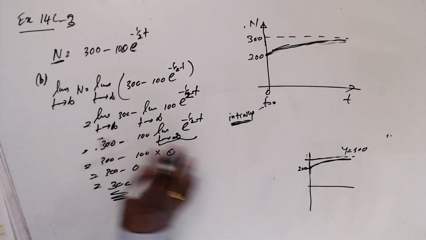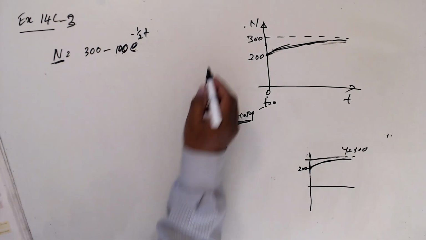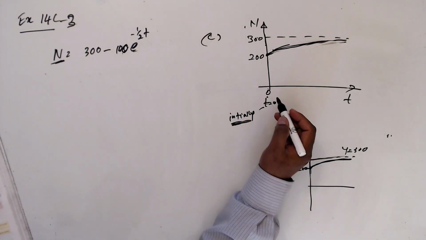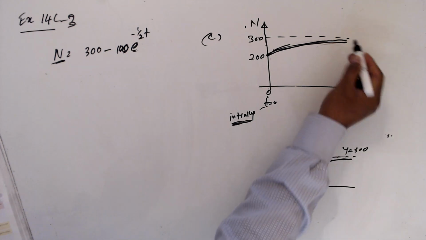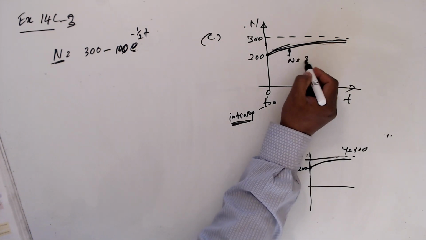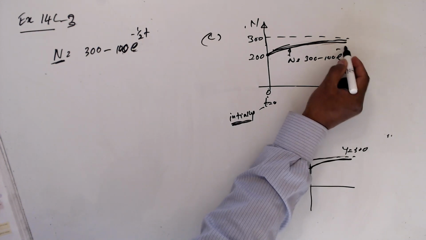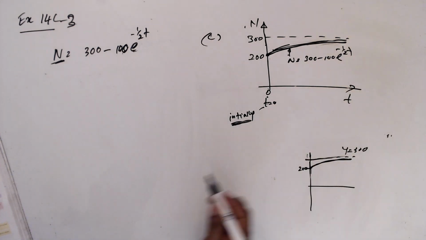This is just for you, just to see this presentation. This is part C, the prediction. We have to do the sketch. So just write the equation, then we are done: 300 minus 100e^(-t/2).